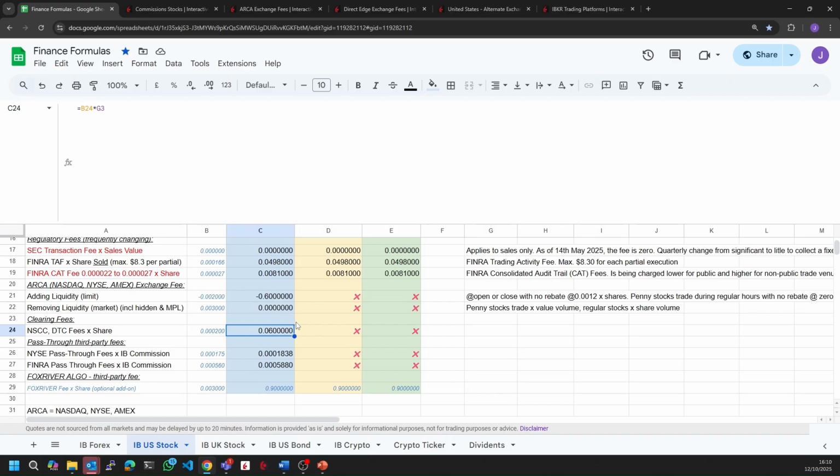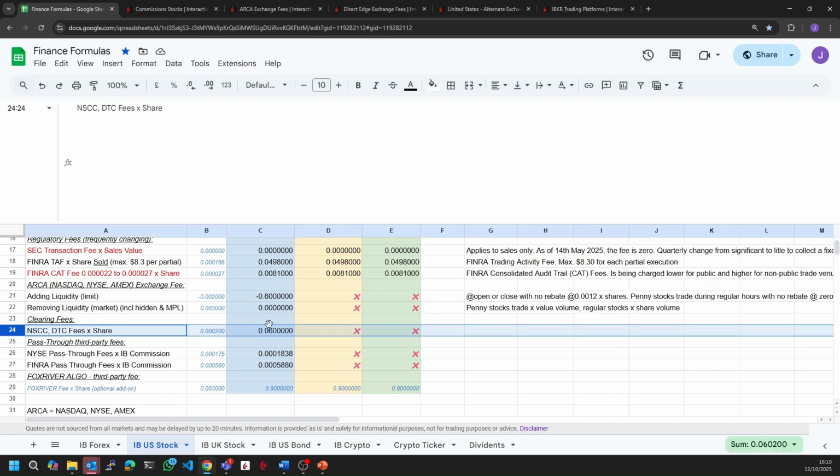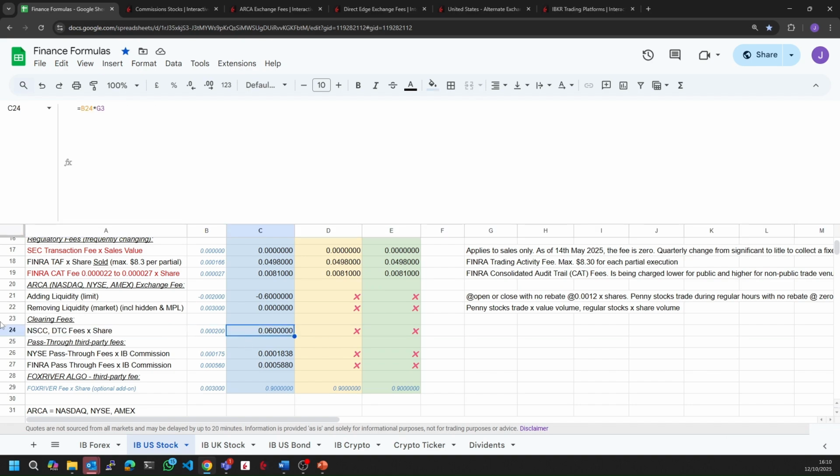So basically, if you didn't know, the custodian, the institution that holds the share in your name, is not the broker and not the exchange. They are just agents. This institution keeps track, like a book of shareholders in one place, and this fee is paid to this institution.